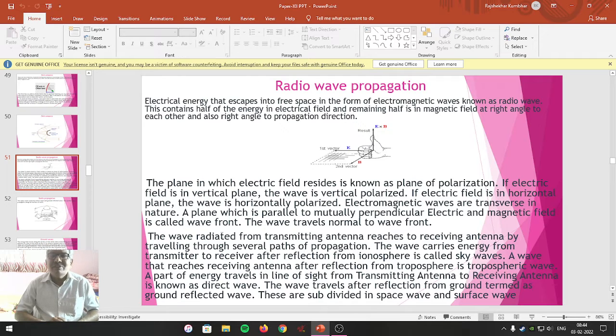The first one is the radio wave that carries the energy from the transmitter towards the receiver after reflection from the ionosphere. It is called the sky wave.